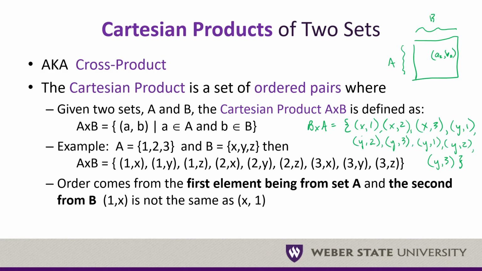The order comes only from the first element being in the first set and the second from the second set. So that's why we have the term ordered pairs. It doesn't mean that 1 always has to come before 2, because the elements of a single set are not ordered.